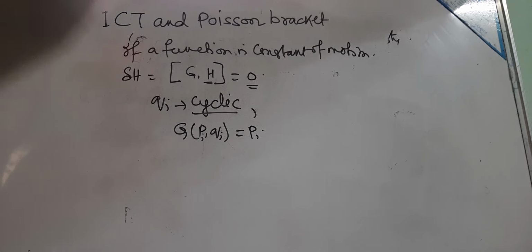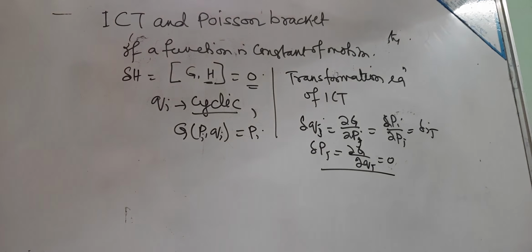Therefore the transformation equations of ICT will be delta qi and delta pj. So delta qi equal to del g by del pi, which is del pj by del pi, and delta pj equal to del g by del qj, so this is 0 as the coordinate is cyclic.